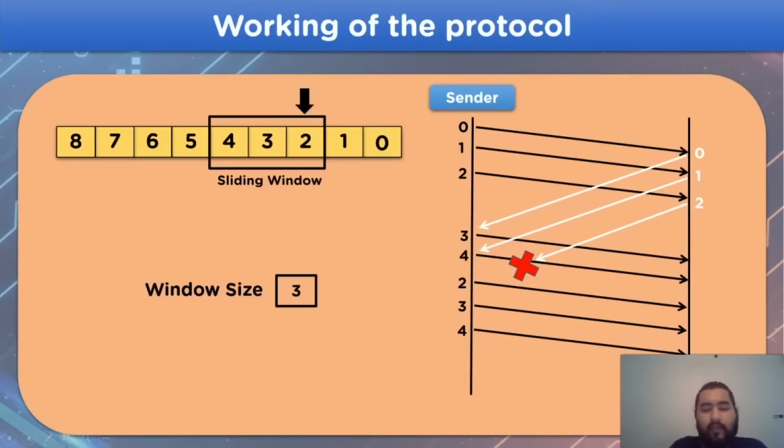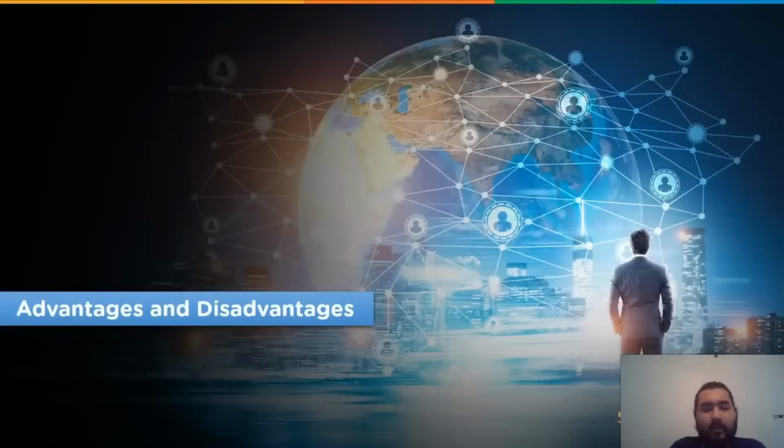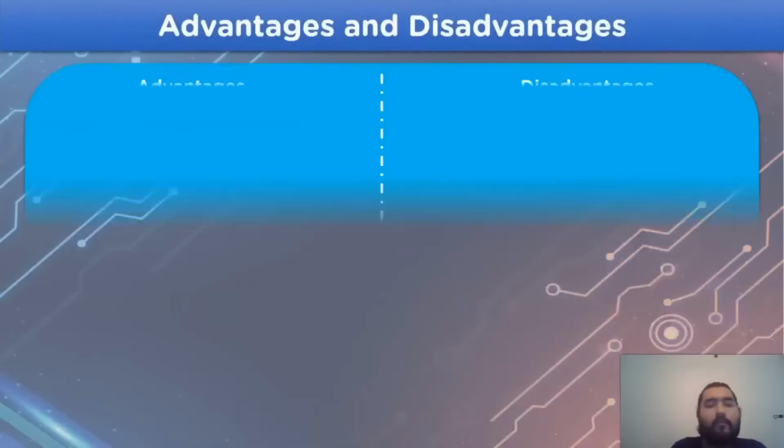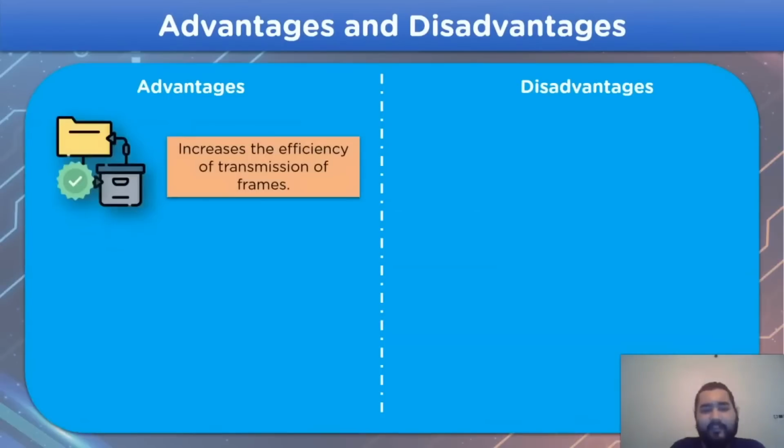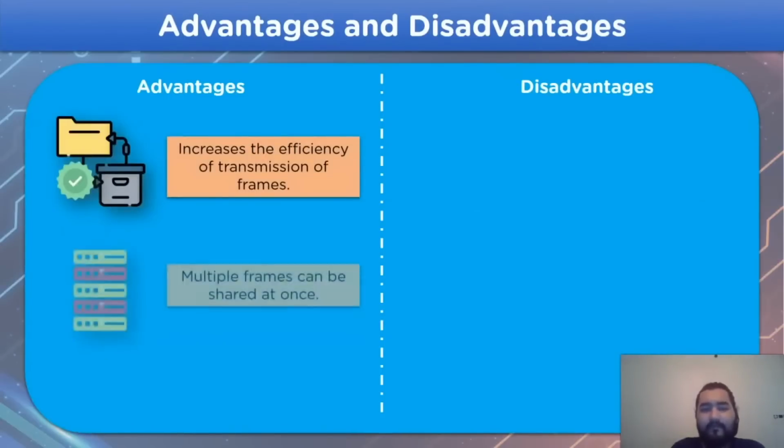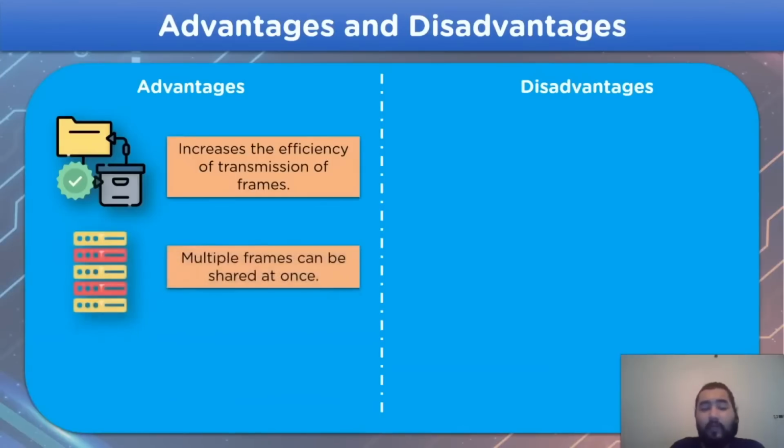Now moving forward, let's take a look at some of the advantages and disadvantages of using the protocol in a network channel. For advantages we have, it increases the efficiency of transmission of frames. It also allows multiple frames to be sent at once.